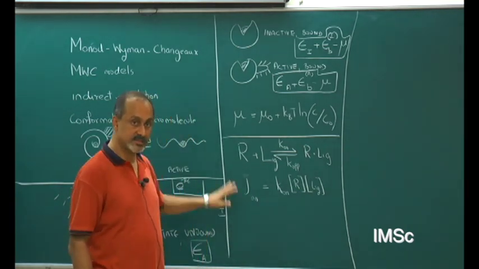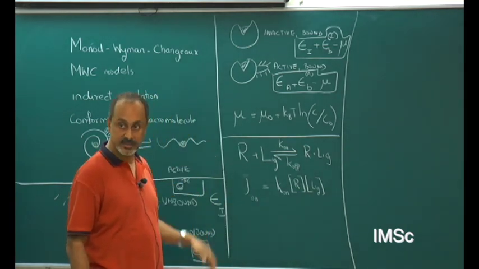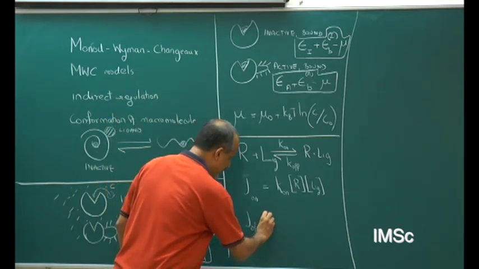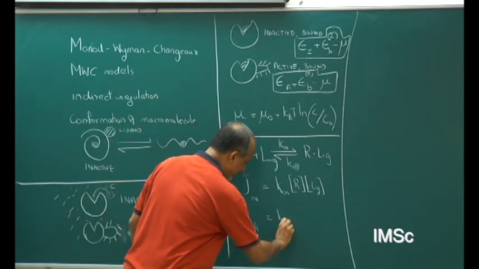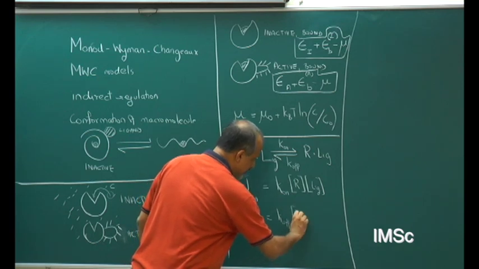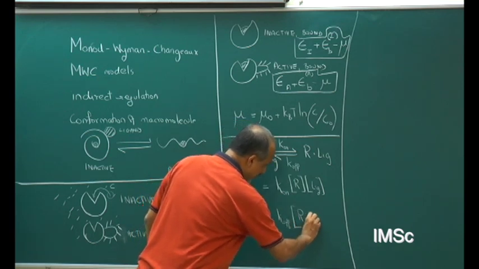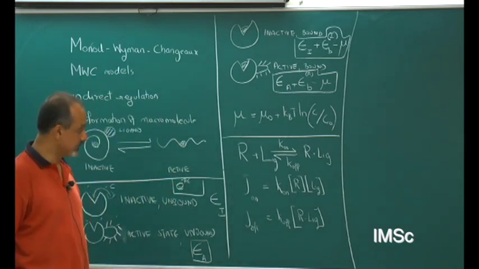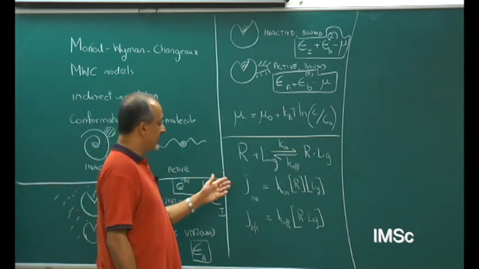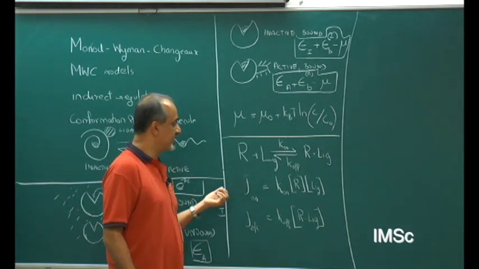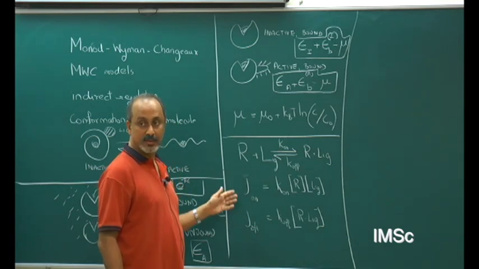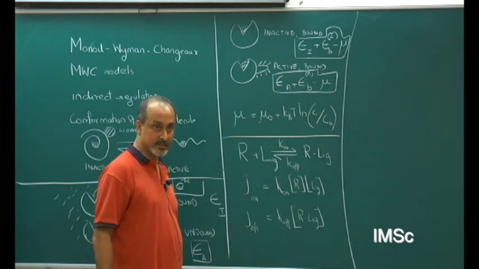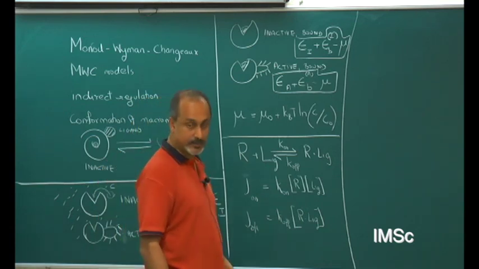Here, this is the standard biochemical way of writing a reaction. Similarly, J off is just the off rate times the concentration on the right hand side, which is R dot ligand. J is my representation of the current, the number of reactions happening in the forward direction, and this is the number of reactions happening in the backward direction, which just balance each other out.